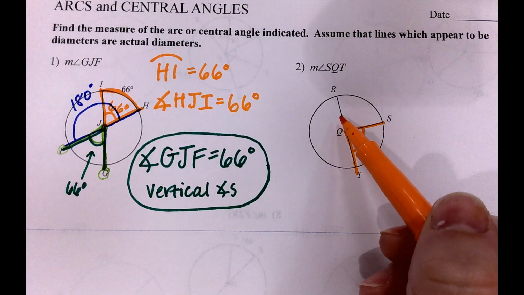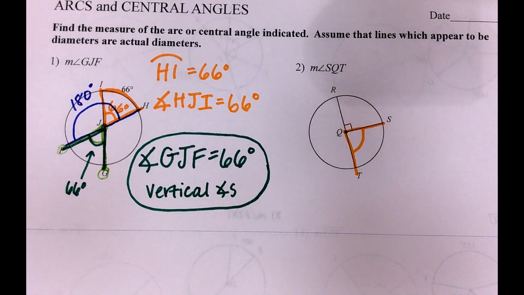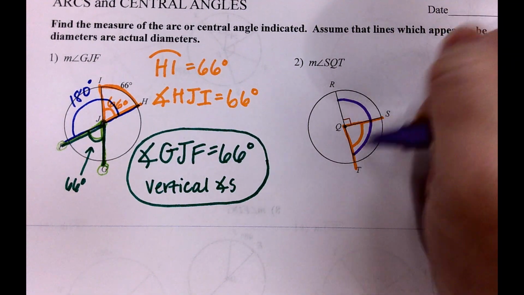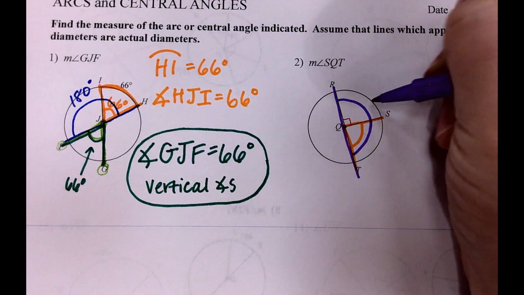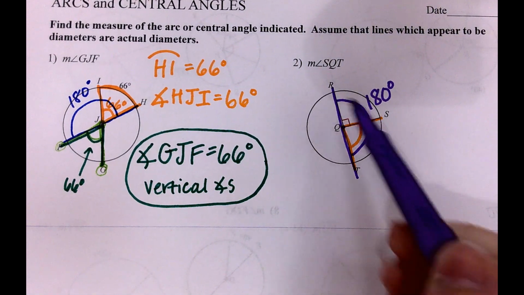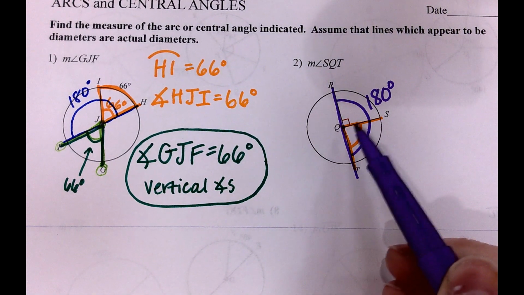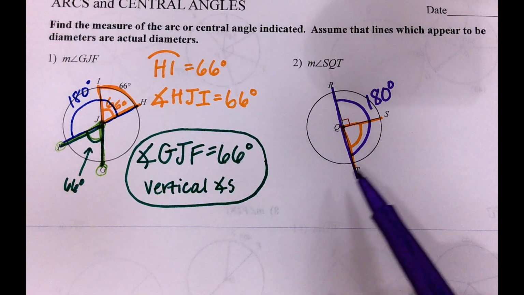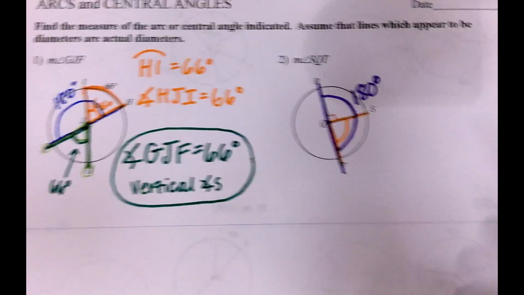And a circle is 360 degrees. So this here is half of a circle and must be 180 degrees. If I know 90 degrees out of the 180, I also know 90 plus 90 is 180, so this other angle must be 90.